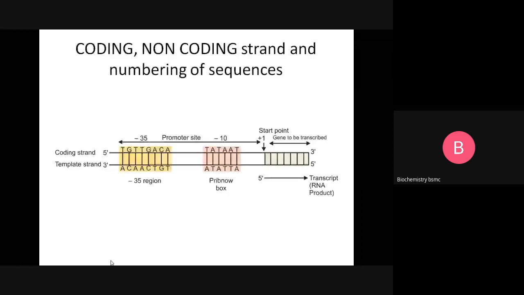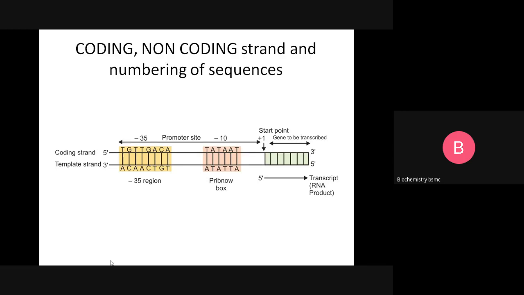Next, we had a very important discussion about the RNA polymerase enzyme, that is the DNA dependent RNA polymerase, and what are the major parts or subunits of that enzyme in the E. coli bacterium, and what are the functions of those subunits.